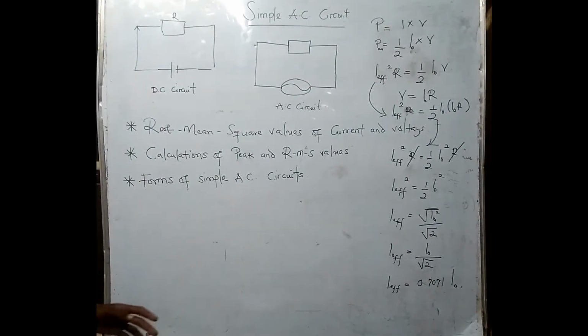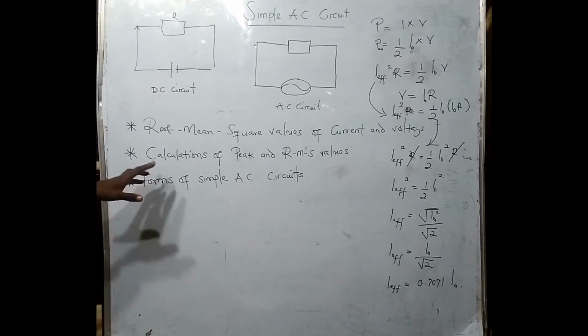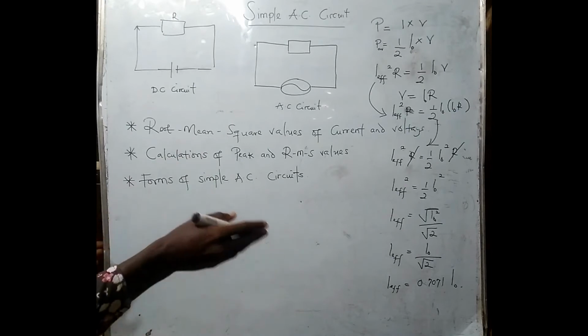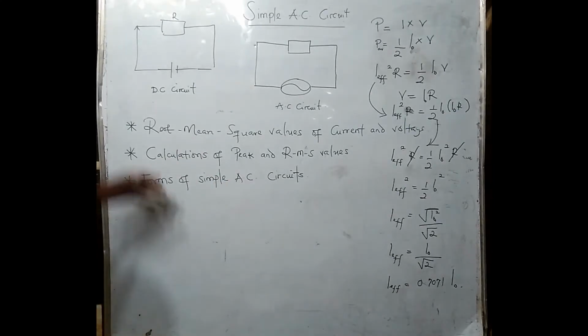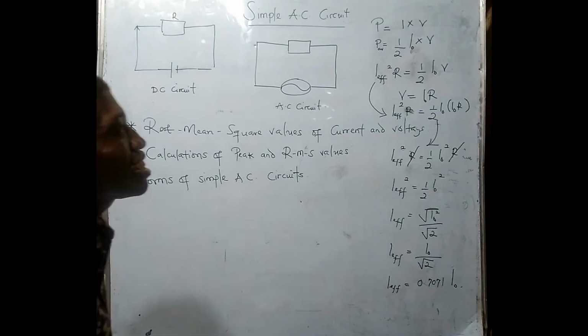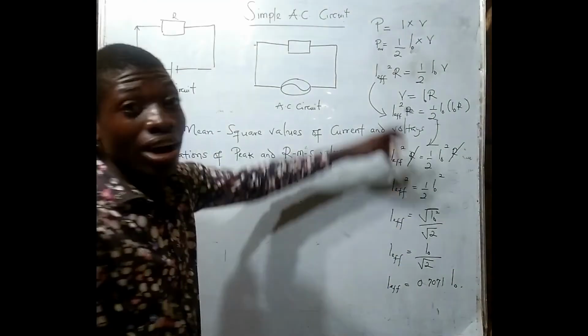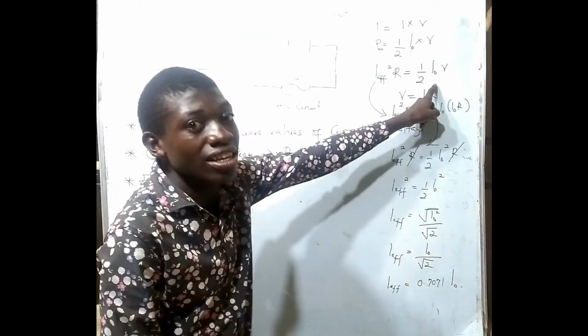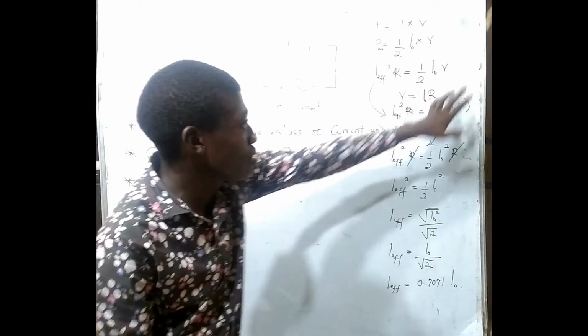So in the same manner, to get the relationship between our root mean square value of our voltage, what we just need to do is still to compare the average power, but now we'll be comparing it in terms of our voltage and our resistance. It will not be in terms of current and the voltage, just like this relationship.